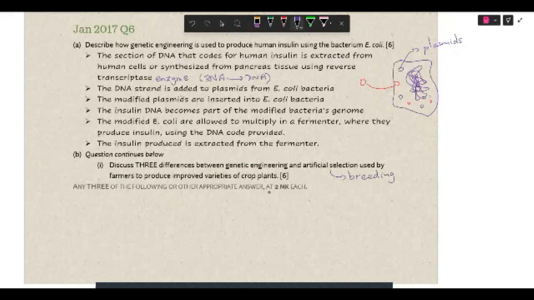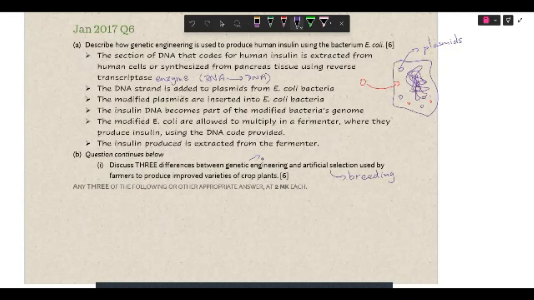Now, note that genetic engineering is a type of artificial selection. Well, actually, no, I shouldn't say that. Is it a type of artificial selection? I think that one is up for debate under certain definitions, yes, under certain definitions, no.